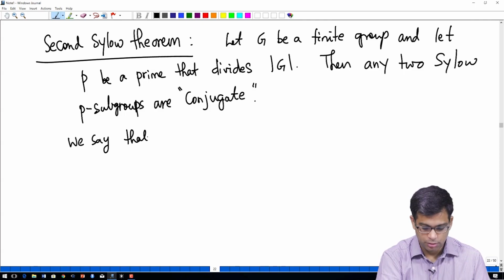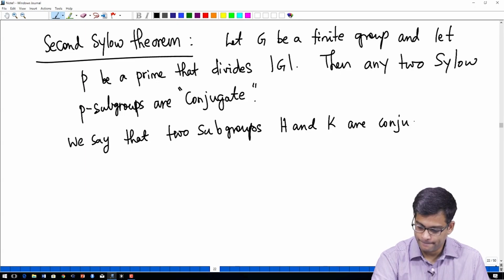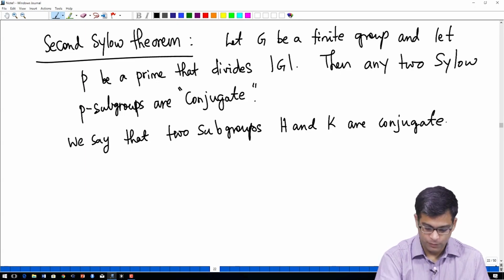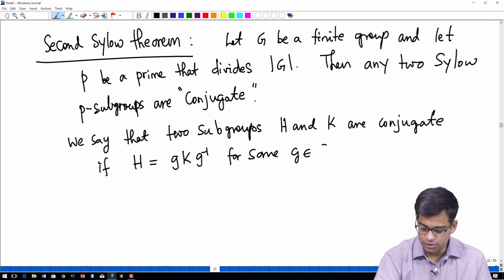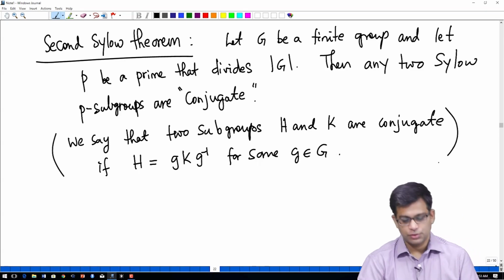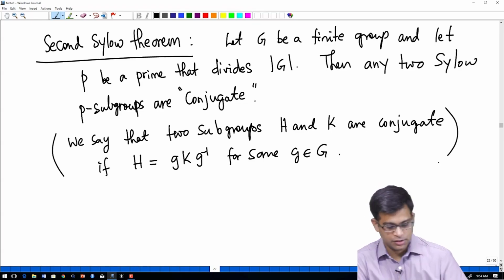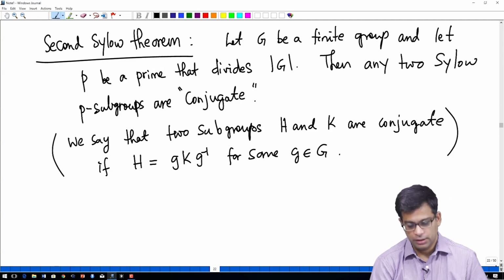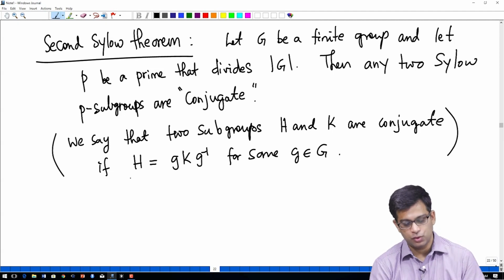We say that two subgroups H and K are conjugate if H equals G K G inverse for some G in G. So, conjugation is this operation, G times something times G inverse. So, we say two subgroups are conjugate if G K G inverse is H. So, the second Sylow theorem says that any two Sylow subgroups are conjugate.